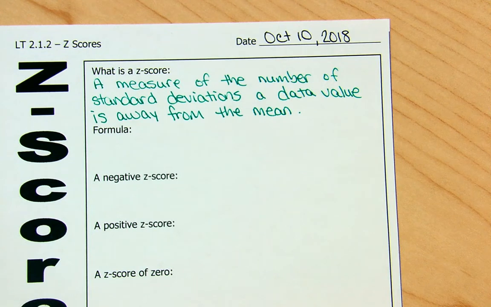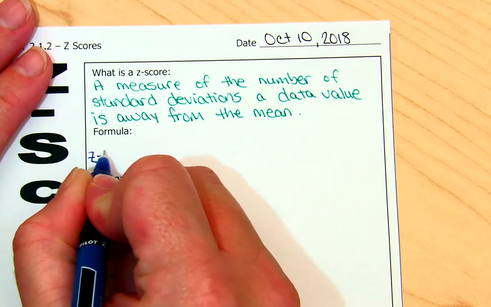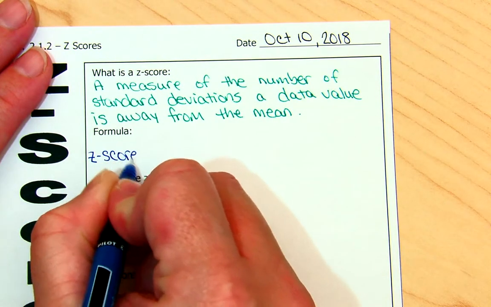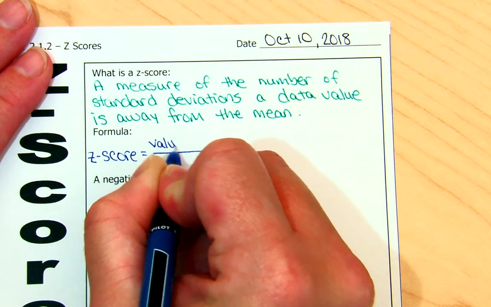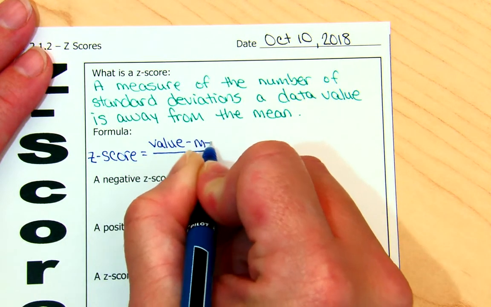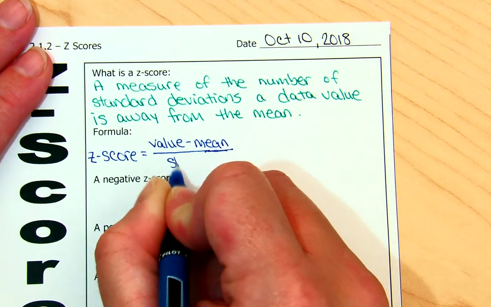Okay, so I'm going to give you the formula two different ways, one with words and one with just the symbols. So here we have a z-score equals the value minus the mean divided by standard deviation.